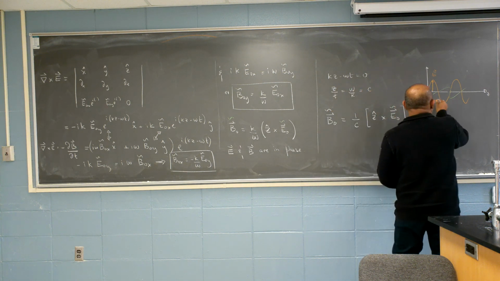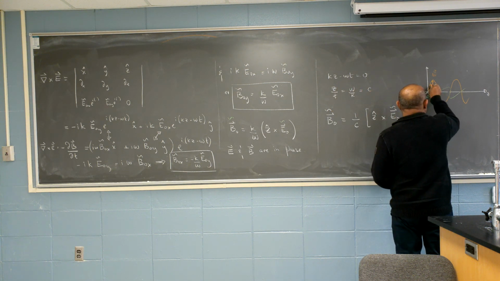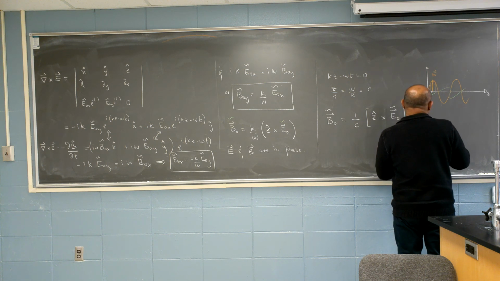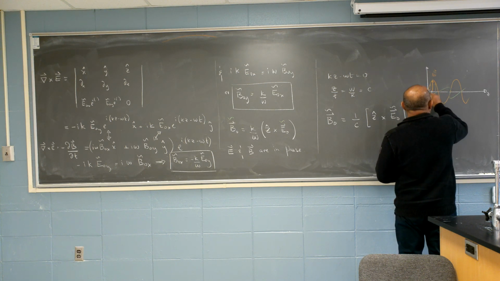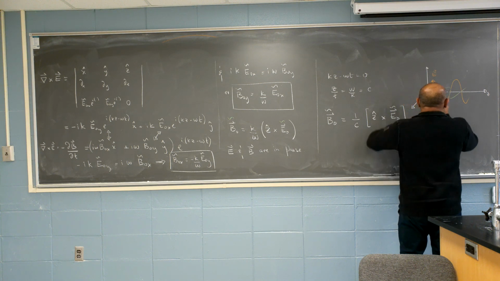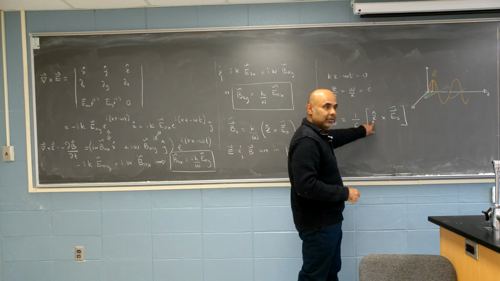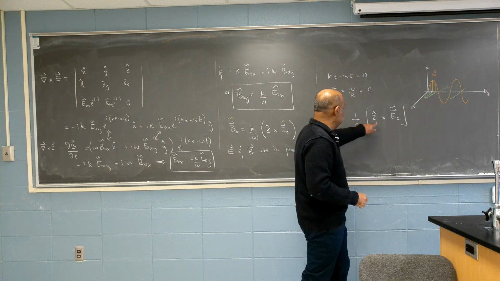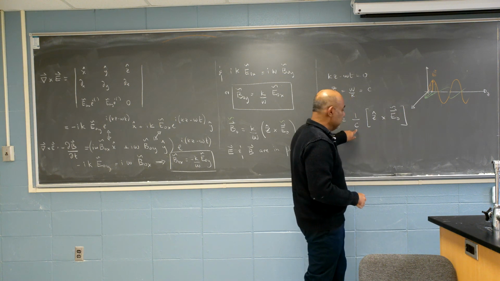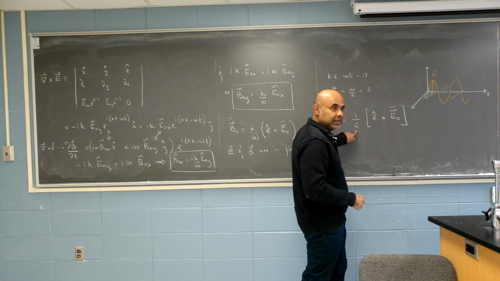The strength of E increases and decreases, and the strength of B increases and decreases. Their amplitudes are not the same. This is unit magnitude. This has the same magnitude as this one, but it's diminished by a factor of c. Yeah?